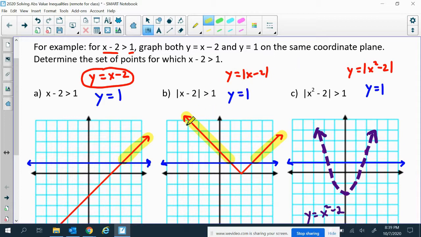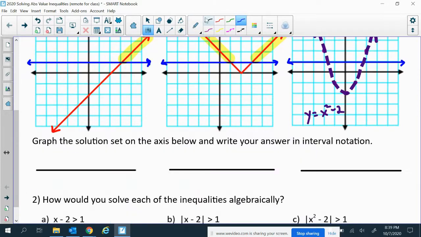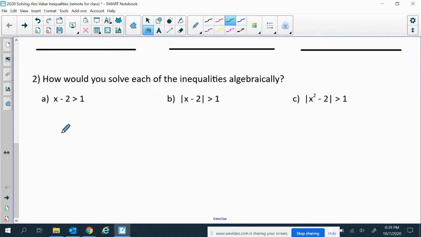If we analyze these in terms of being able to solve for them, that's not rocket science. We've done these in classes before. If we add 2 to both sides, we get x is greater than 3.